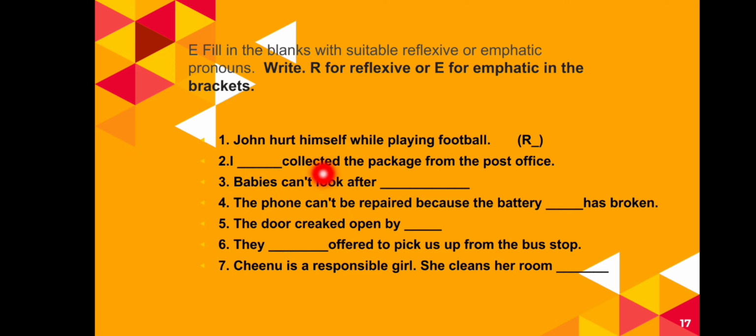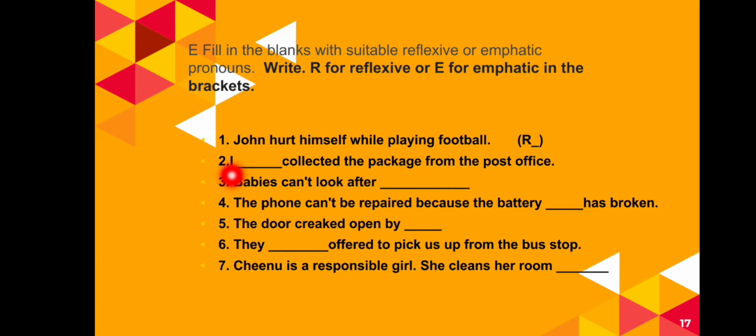The subject is affected by its own action, right? John and himself. So we can say it is a reflection of the subject, so it's a reflexive pronoun. We can write R in the bracket.